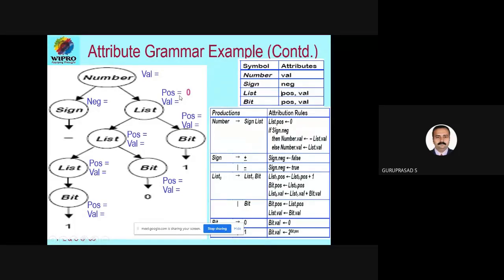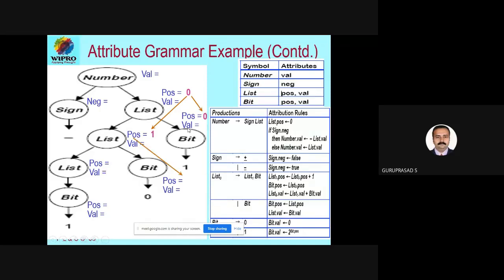Fine. Further, when list is producing list bit, list 1 dot position, that means the child list position is equal to parent position plus 1. When list is producing only bit, bit dot position is equal to list dot position. So when list is producing list bit, bit dot position is equal to 0.